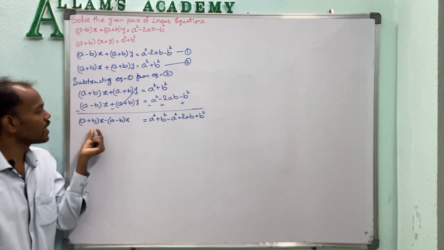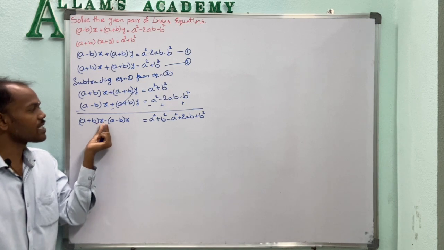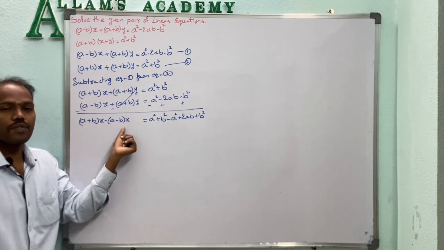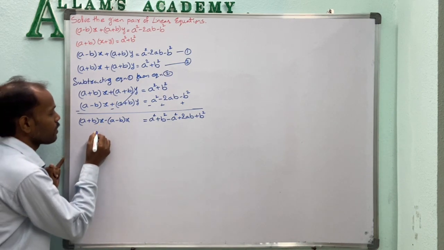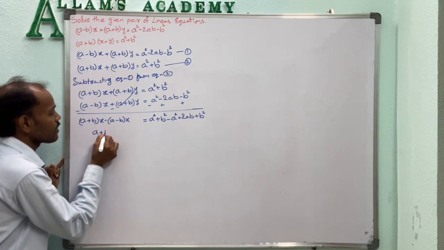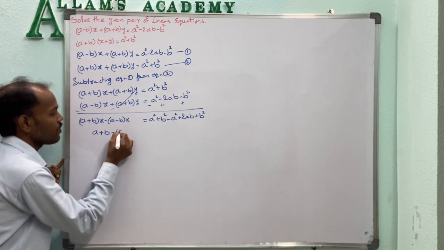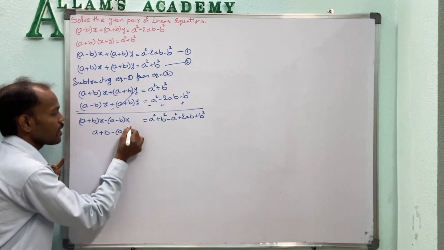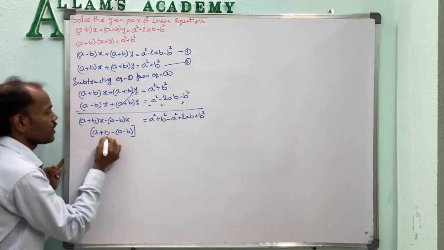And here if we observe, x is the common coefficient, so taking it common: (a + b) minus (a − b) of x.